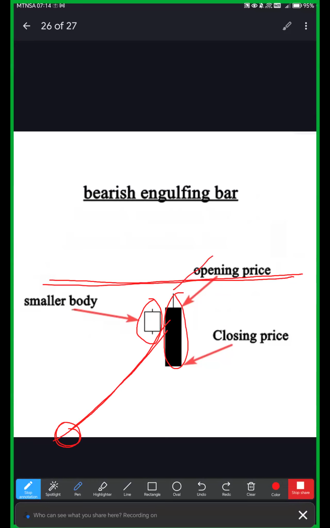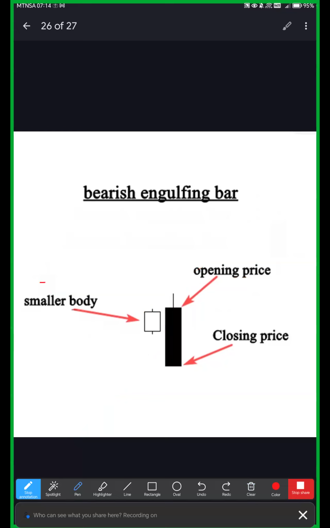That level, that area, is called a resistance level or resistance area, simply because buyers are failing to continue pressing this price to the top. So you will see that there is resistance somewhere here. Check around that region or that level. What type of candles are forming there?